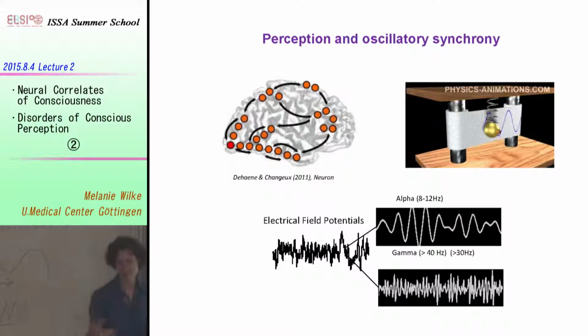But it is reasonable to assume that in order to integrate the full information, the cells somehow need to communicate. How would they do that? One very attractive framework is that they oscillate at the same frequency and have a communication channel open that belongs to a certain frequency, and that can happen with different frequencies.